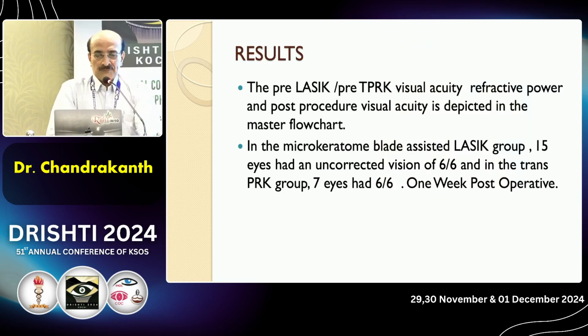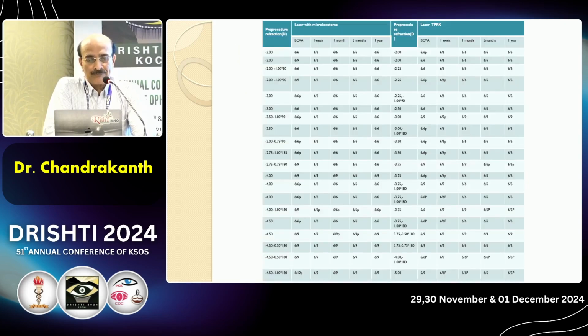The results: the pre-Lasik group visual acuity, refractive power and post-procedure visual acuity are depicted in the master flow chart. In the microkeratome blade assisted Lasik group, 15 eyes had an uncorrected vision of 6/6. In the trans-PRK group, 7 eyes had 6/6 within a week.